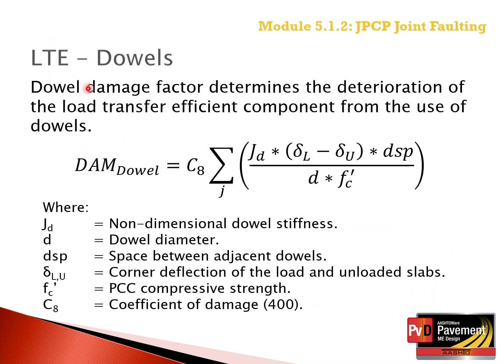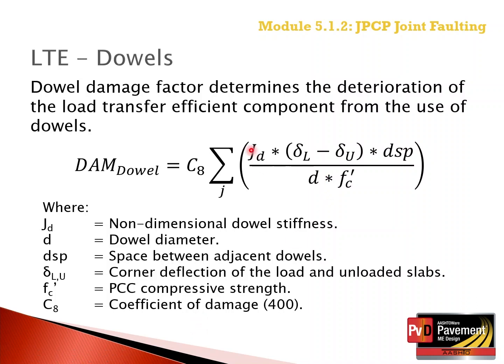The load transfer efficiency component from the use of dowels in the transverse joint is determined through a dowel damage factor. The dowel damage factor is calculated using the equation included on the slide and includes the following variables.